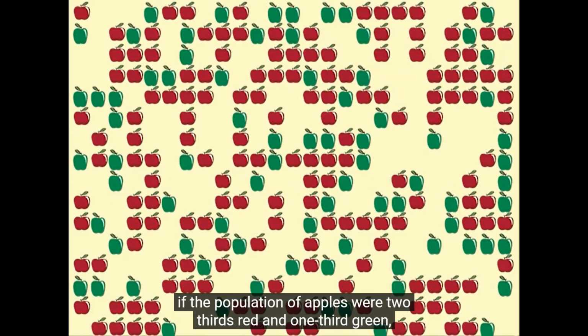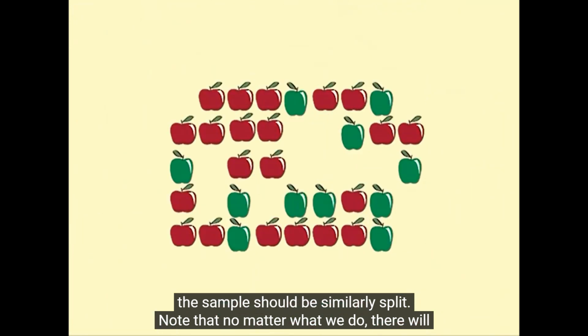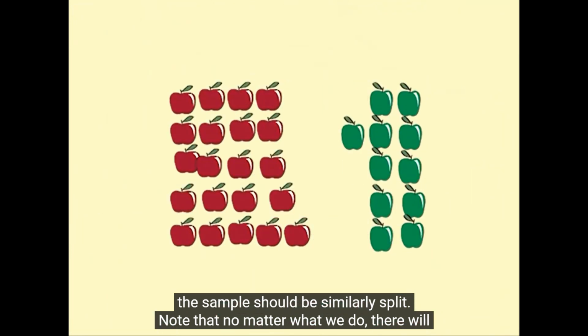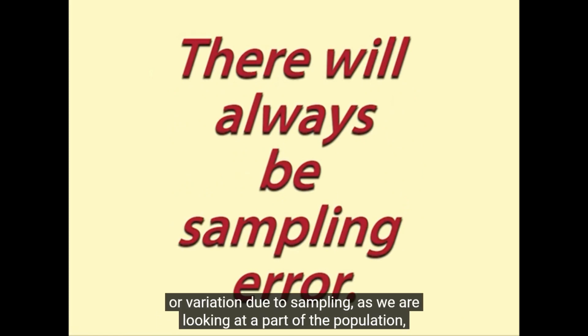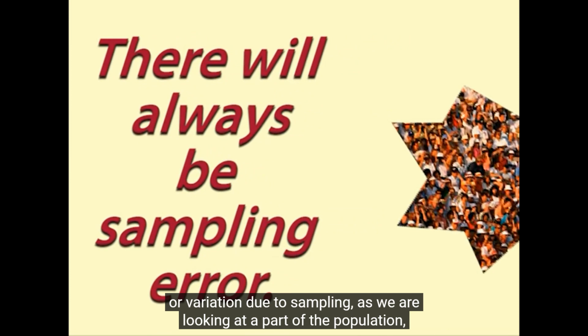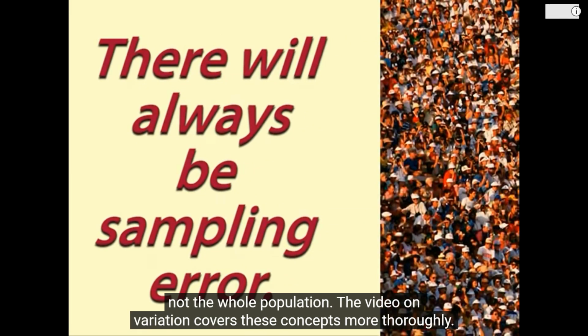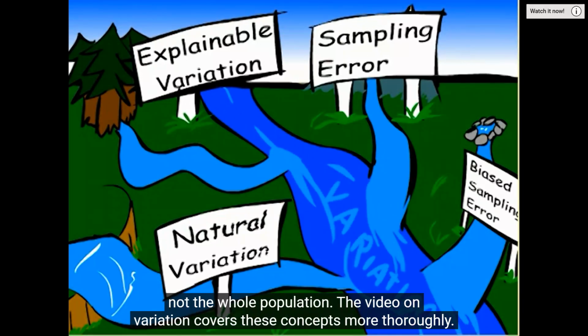If the population of apples were 2/3 red and 1/3 green, the sample should be similarly split. Note that no matter what we do, there will always be sampling error or variation due to sampling, as we are looking at a part of the population, not the whole population. The video on variation covers these concepts more thoroughly.